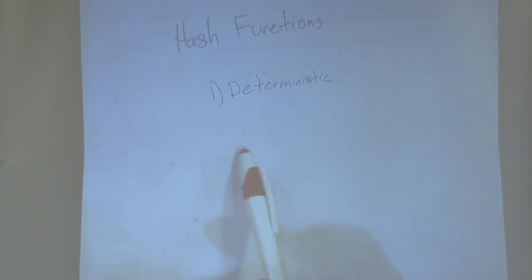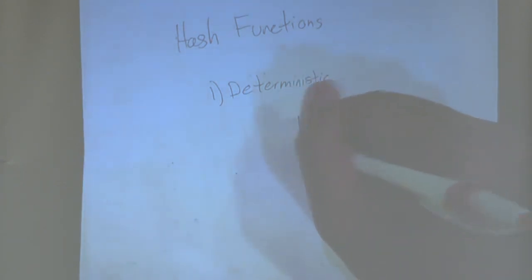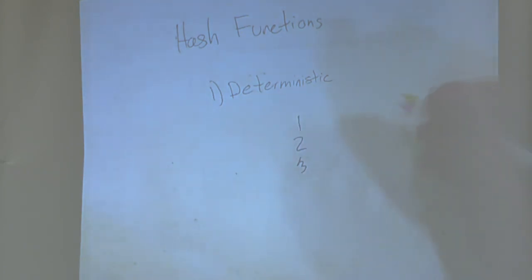Let's say our input is 1, 2, and 3. It just means that 1, 2, and 3 should not have the same output. They should be unique, like A, B, C, right?